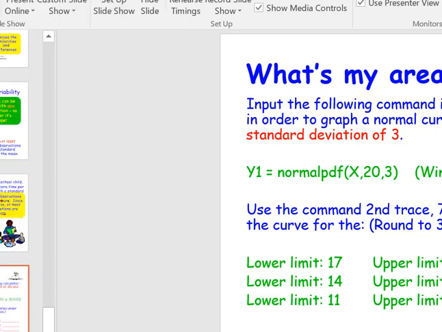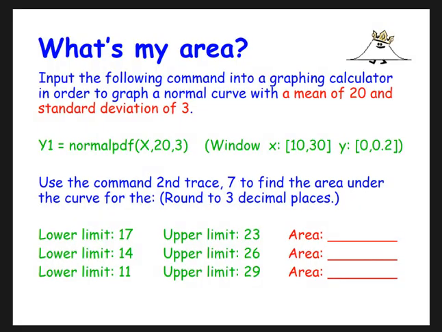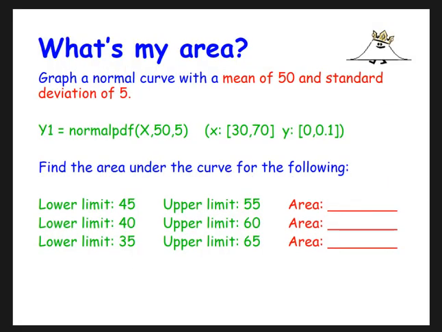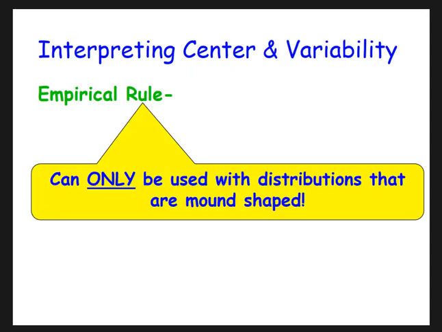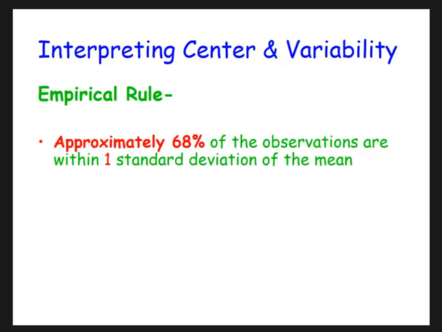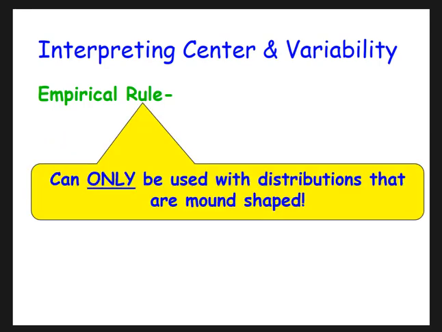So if we did that for each of these here, it's going to give us those same probabilities that we saw with Chebyshev's theorem.